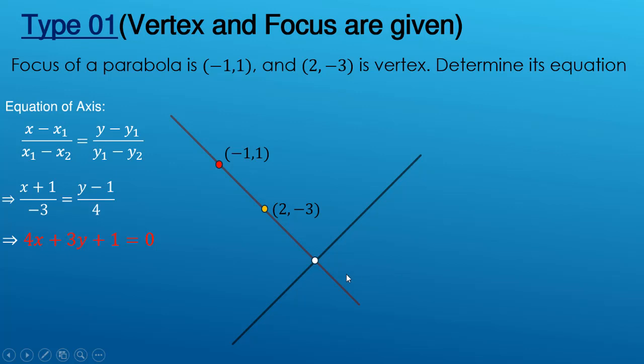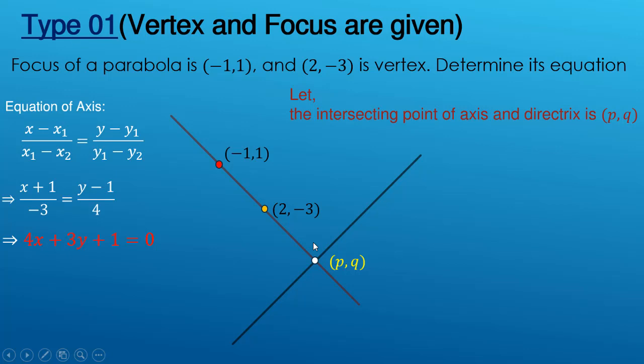So our next target is to find the coordinate of the intersecting point of directrix and axis, which is this point. We have to find out the coordinate of this point. At first, you just take the coordinate of this point as PQ, or anything, whatever you like. So let the intersecting point of axis and directrix be PQ.